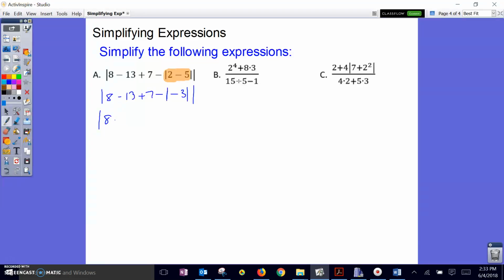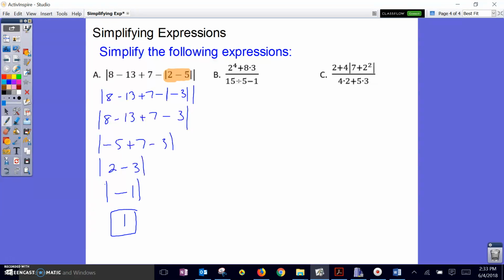And then we'll take the absolute value. That turns into a +3. And now we can do addition and subtraction from left to right. And then we evaluate the absolute value again after we're done doing all that work inside the grouping symbols, and we end up with 1.